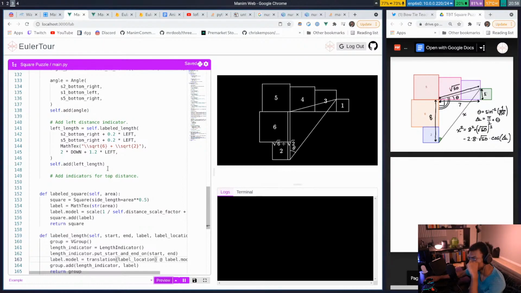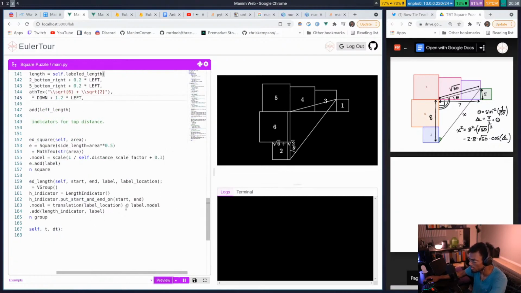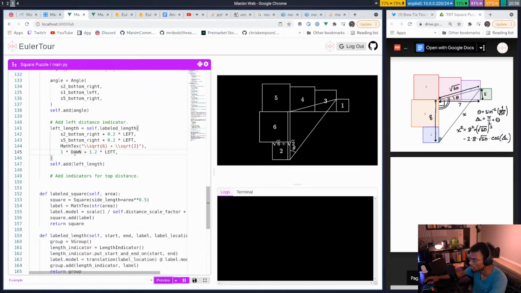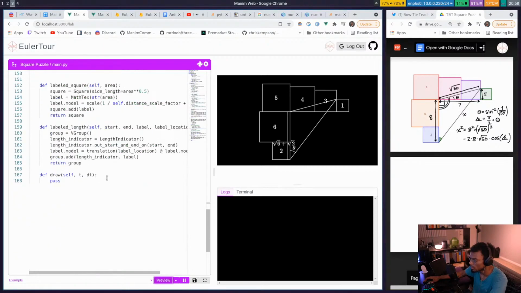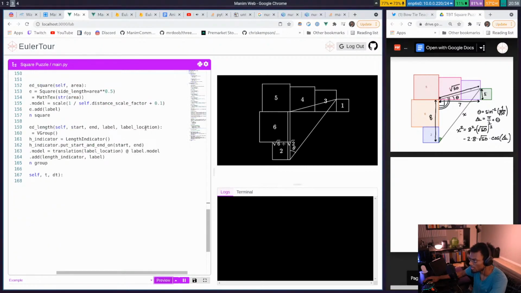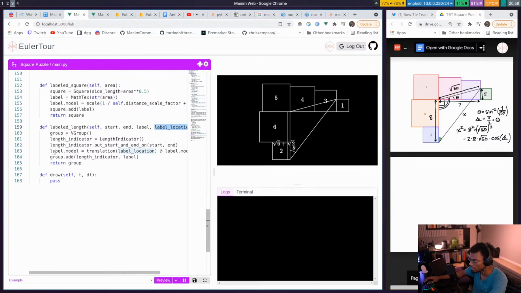Two times down, 1.2 times left. I wonder why that offset it some. Because it doesn't matter. That's kind of weird though. Label location. Why would this have no effect? Label.model.